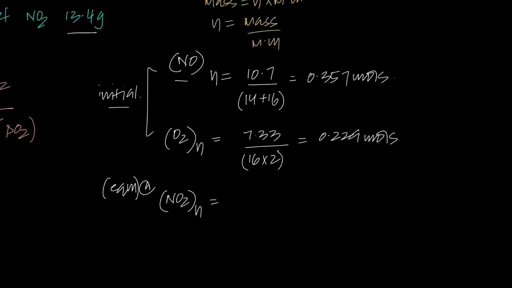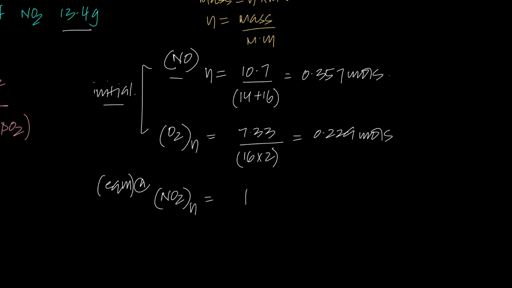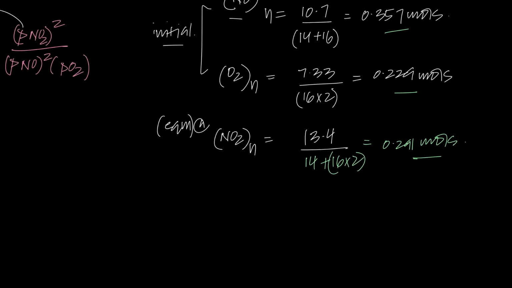So 13.4 divided by 14 plus 16 times 2. What do you get? 0.291. Okay. I made sure that it looks the same as the previous question. Don't worry. Done.